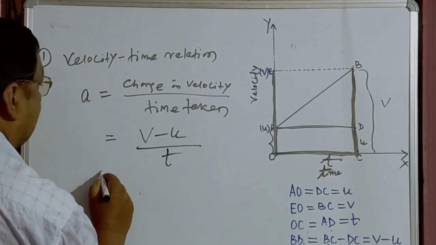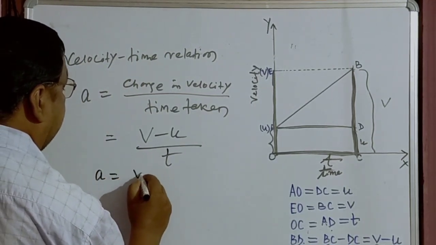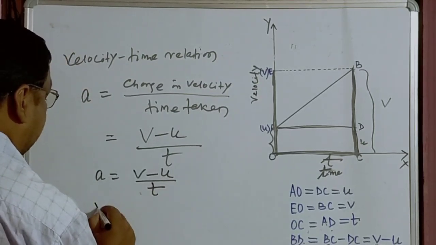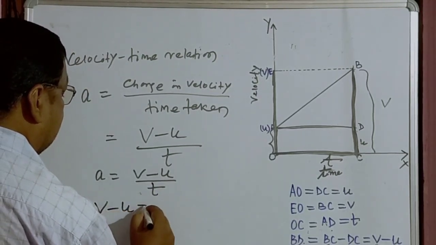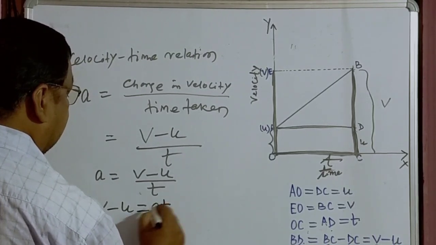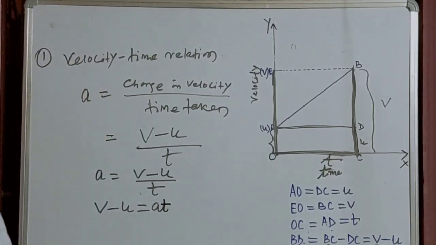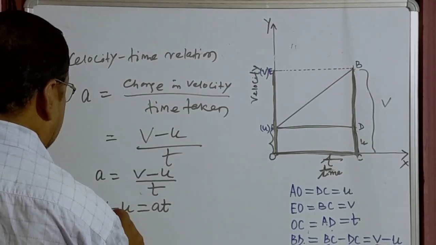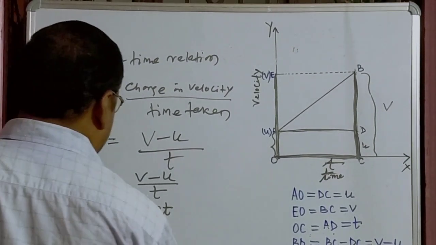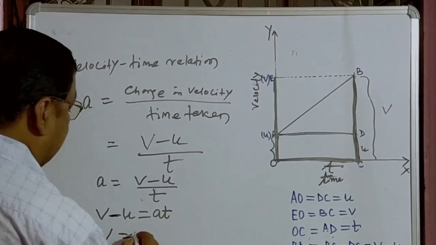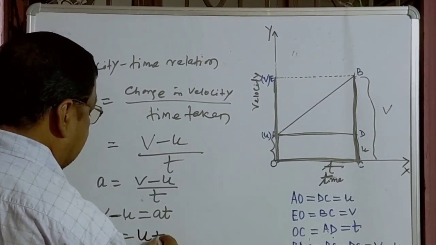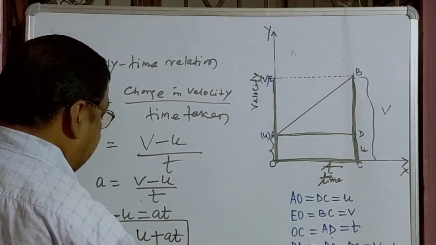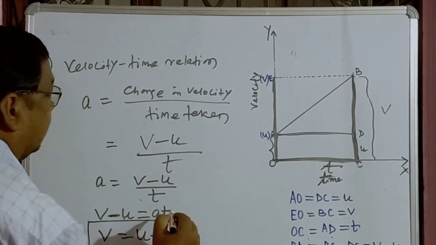So a is equal to v minus u by t. By cross multiplication, v minus u is equal to a into t, at. So v is equal to, the u changes side from this side to this side, so u will be positive, u plus at. This is our first equation of motion: v is equal to u plus at.